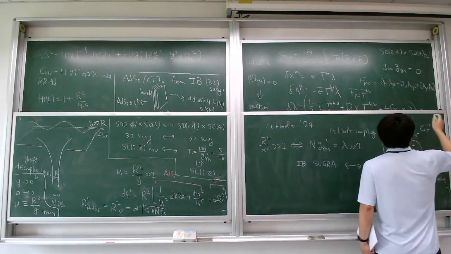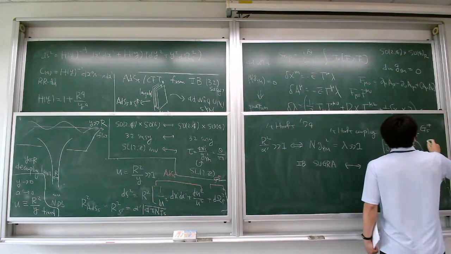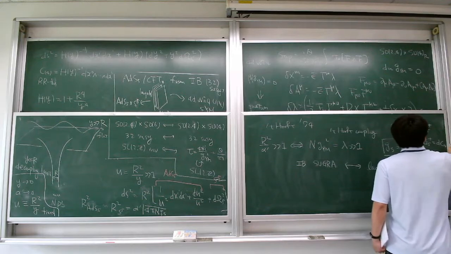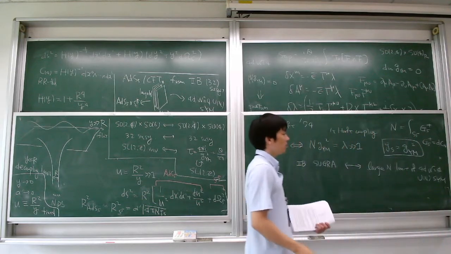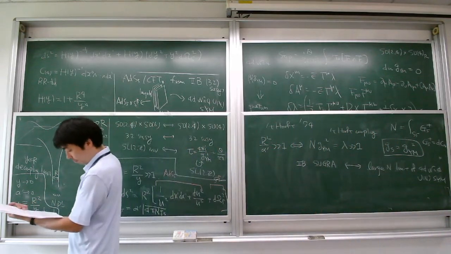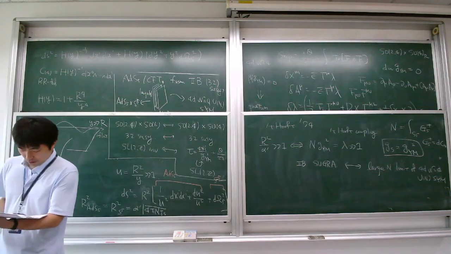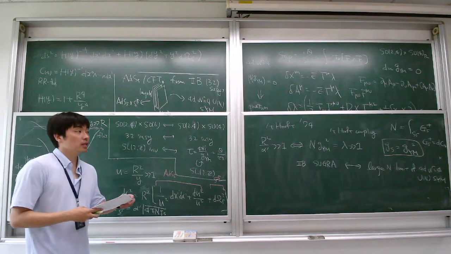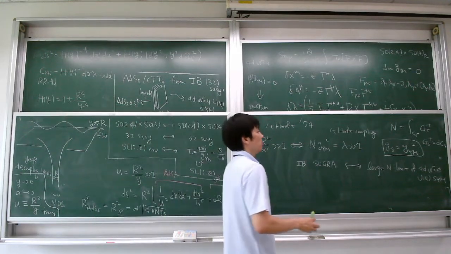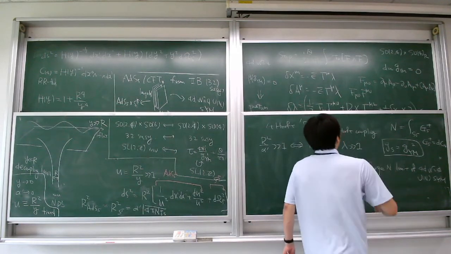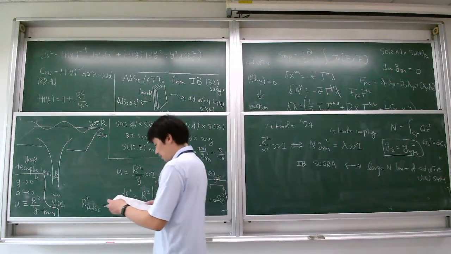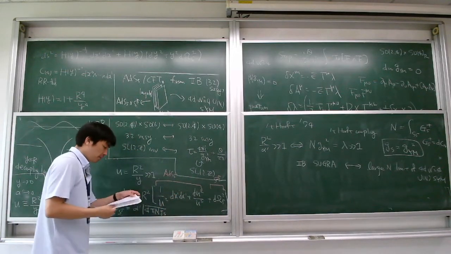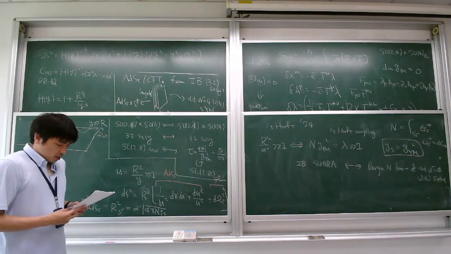So this F5 is the Ramond-Ramond field strength of the Ramond four-form. So you can identify the number of the three-brane as the flux supported on this S5.